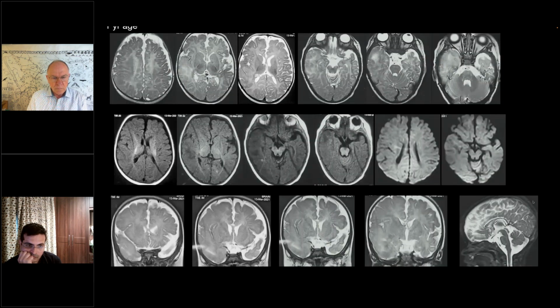So I have external images at the age of 1 year. On top are the T2-weighted axial sequences. And straight away you can observe that the right temporal region, compared to the contralateral side, is dysmorphic, and there's a malformation of cortical development here. It is larger in comparison to the contralateral normal side.